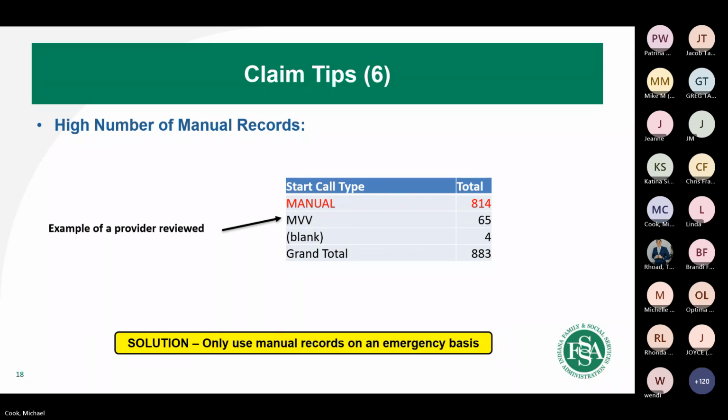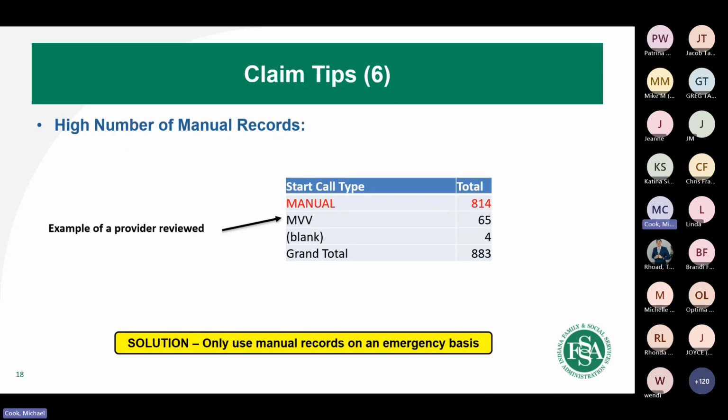We're not focused too much on the number of manual records, but we always want to remind providers that the creation of manual records, which means for someone who has administrative access on behalf of the agency to actually go back and create a record without a caregiver actually clocking in and clocking out when services are performed, should only be done on an emergency basis or as a backup basis.